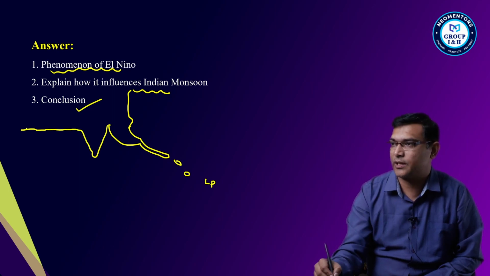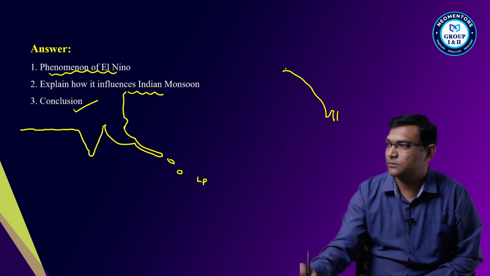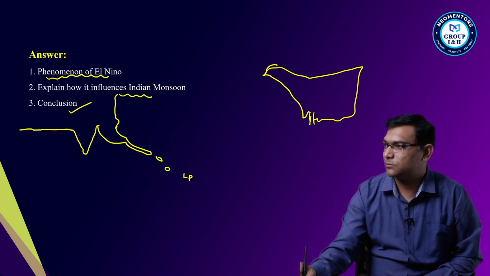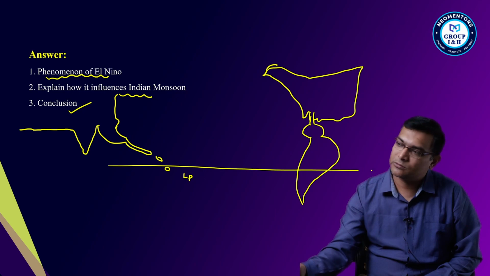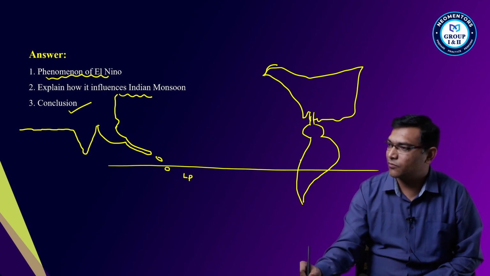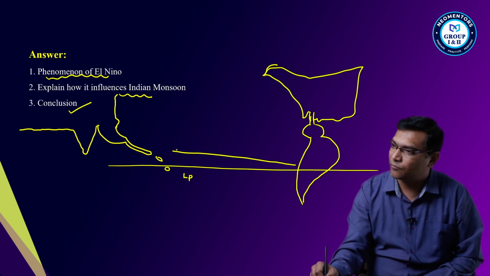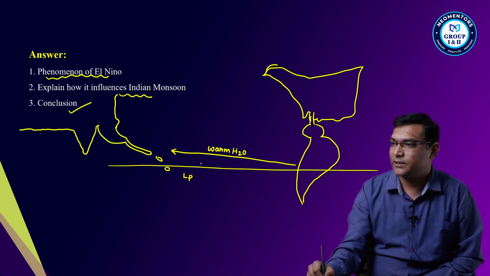This is North America, and your South America. This is your equator. The water is transported from here to here. That is your warm water. In the normal form, warm water is transported. So what will happen now? There is a low pressure.